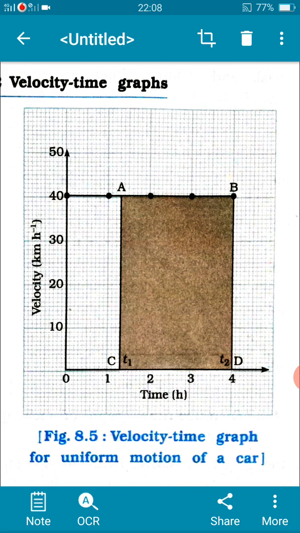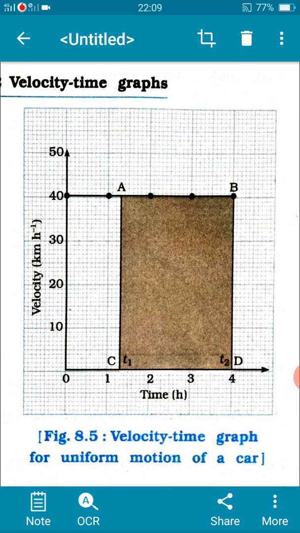See the time for 1 hour, 2 hours, 3 hours, 4 hours, but the velocity shown there is steady at 40 km per hour. So the graph is a straight line parallel to the x-axis. So for uniform motion of any object, the velocity versus time graph is a straight line parallel to the x-axis.